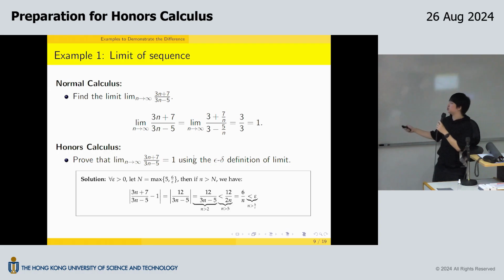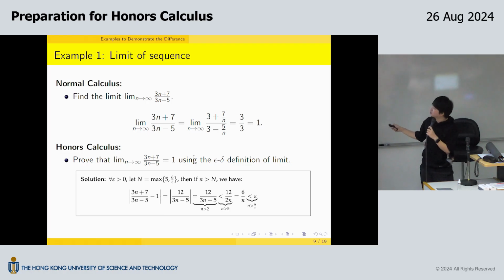In doing so, you have verified that for every epsilon there exists a capital N, explicitly given as the maximum of 5 and 6 over epsilon, such that when n is greater than capital N, the difference between the general term and 1 is less than epsilon. After establishing this, you have verified the definition of limits using the epsilon-delta language, and this means that the limit of this sequence is 1.